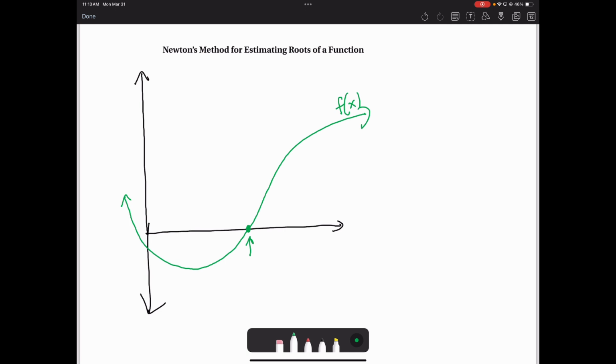We would call this the root. This is where f of x is equal to 0. But if I don't have a process for solving this, then I don't know where this actually is. So what can I do? I can pick an x value close. We're going to call this x sub 0.